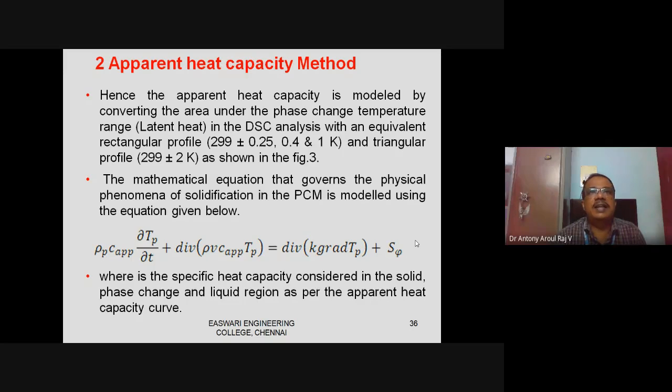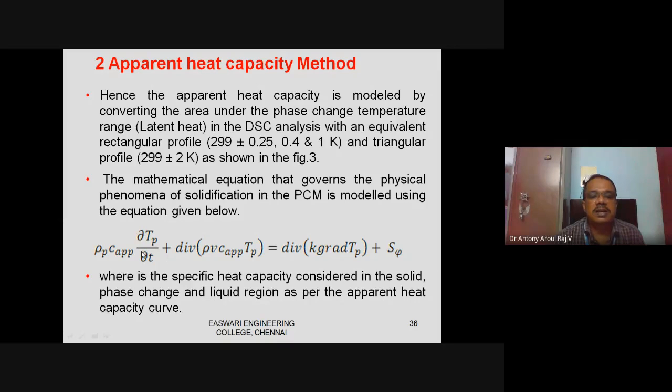The units will match. Latent heat is kilojoules per kg, temperature range is Kelvin or degree centigrade, so kilojoules per kg degree centigrade is specific heat only. So you will be getting the apparent specific heat.